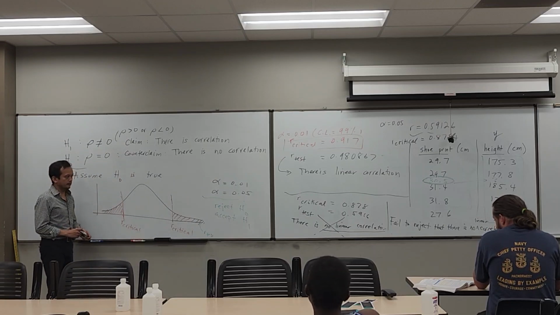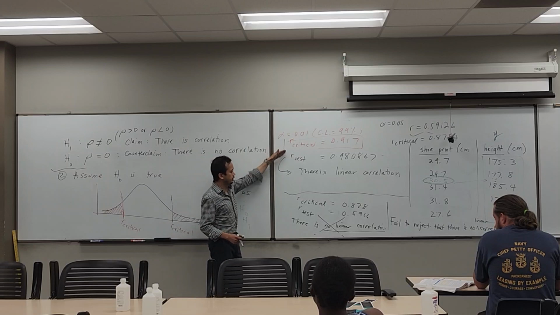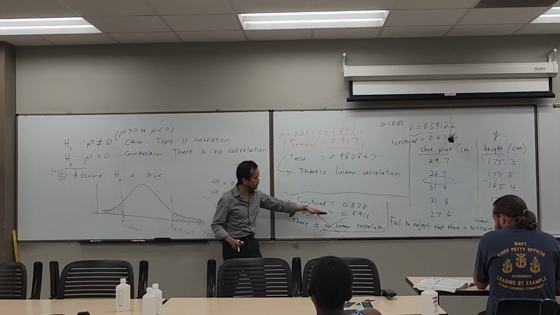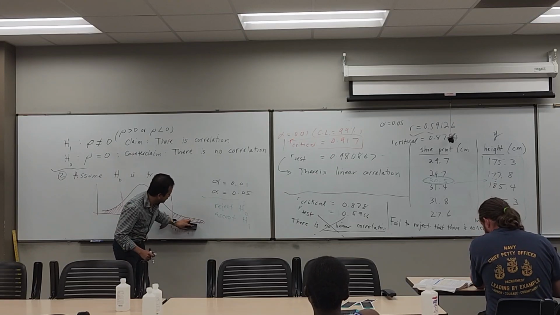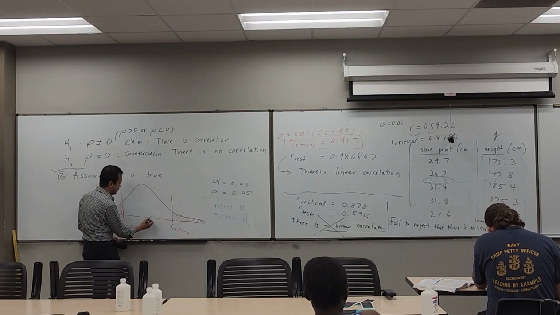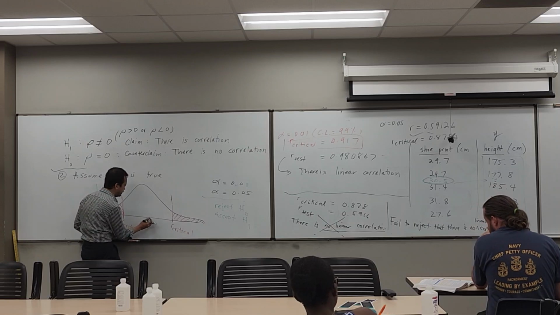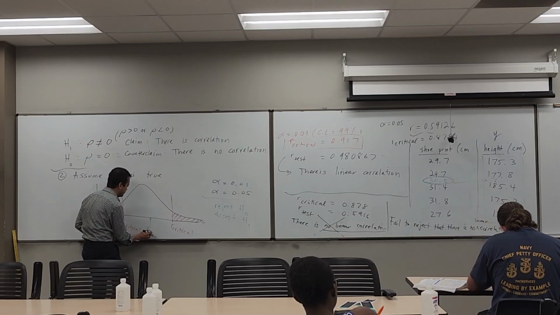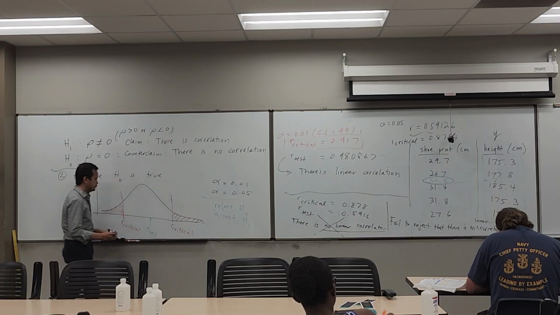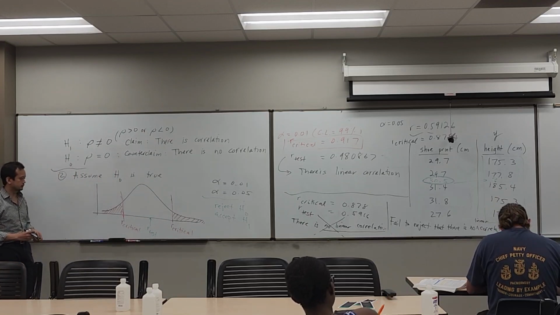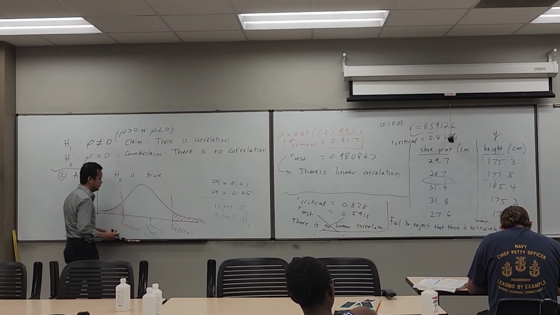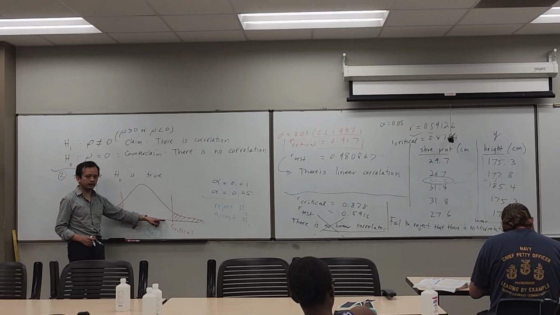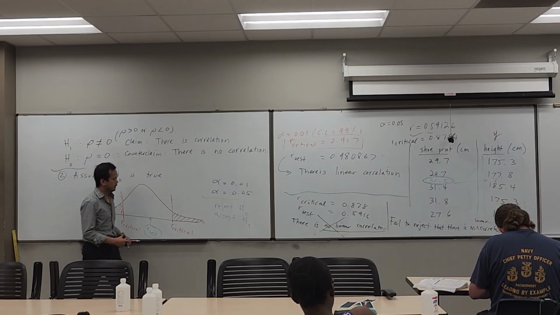Any questions? Okay, so that's the first case. In the second case, our test did not exceed the threshold for our critical. So let's look at how that might look. That means our test would be somewhere here. So in this case, your observation is in the body of the distribution.